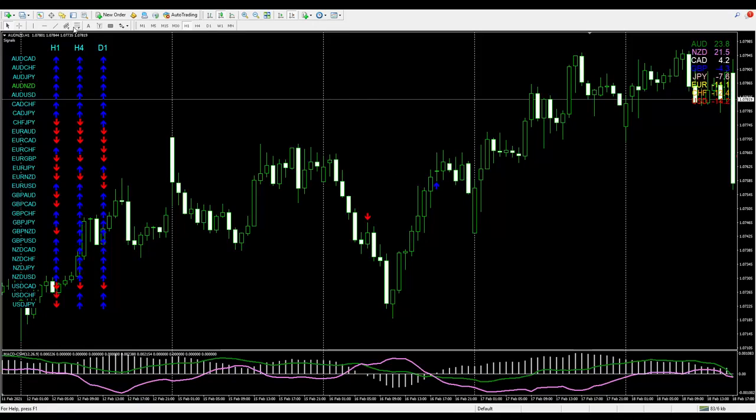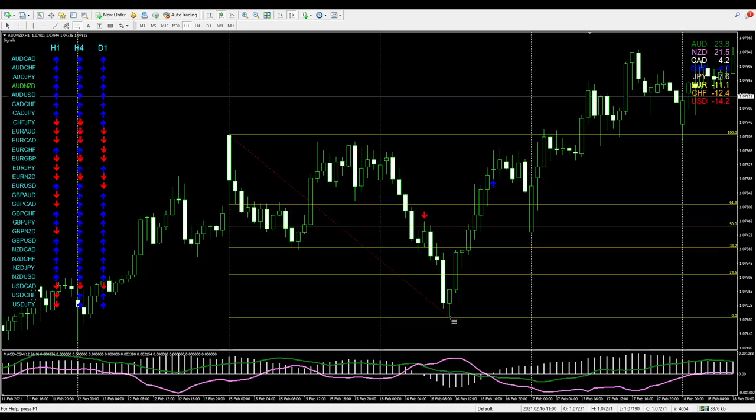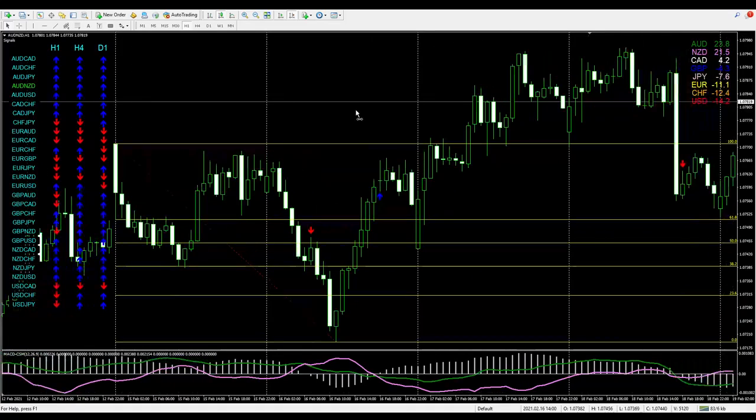Since we don't just enter the trades on the buy signals, we still need to plot our Fibonacci levels. So as you can see, this is the closing price for AUD NZD, but we don't want to enter trades above 61.8, especially if the price is very near 100 Fibonacci already.